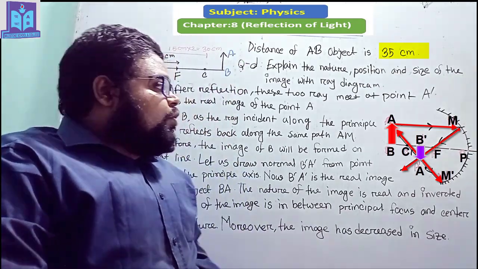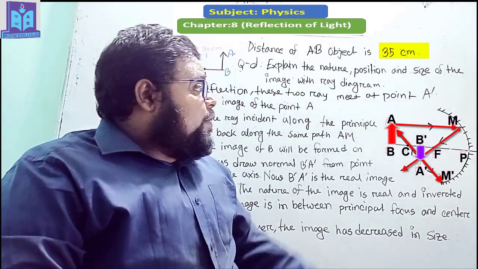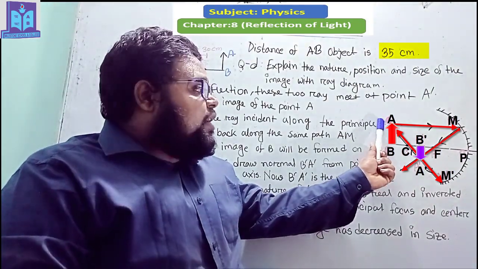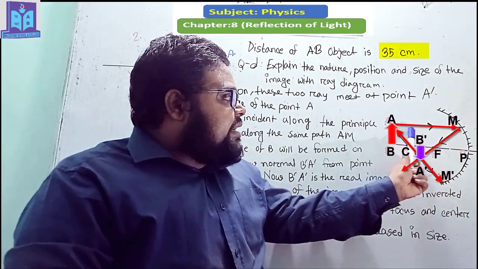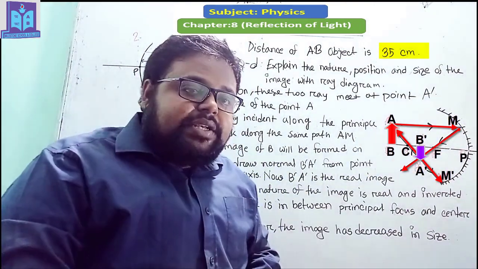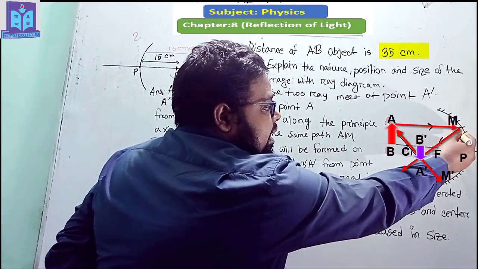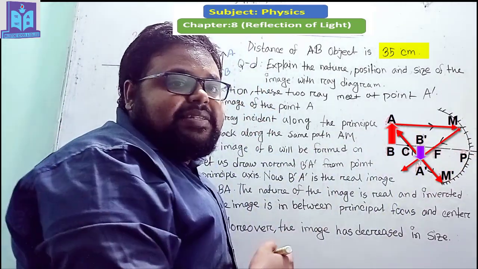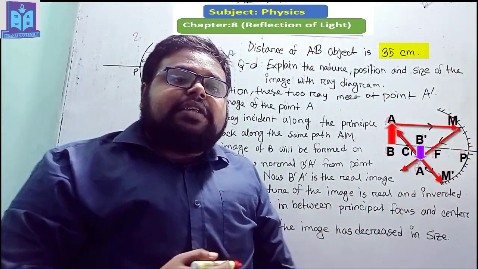For the first ray, the light is traveling from A point parallel to the main axis, and when the incident ray is incident on M point, the reflected ray will pass through the MF path. Here you can see that MF is the reflected ray.